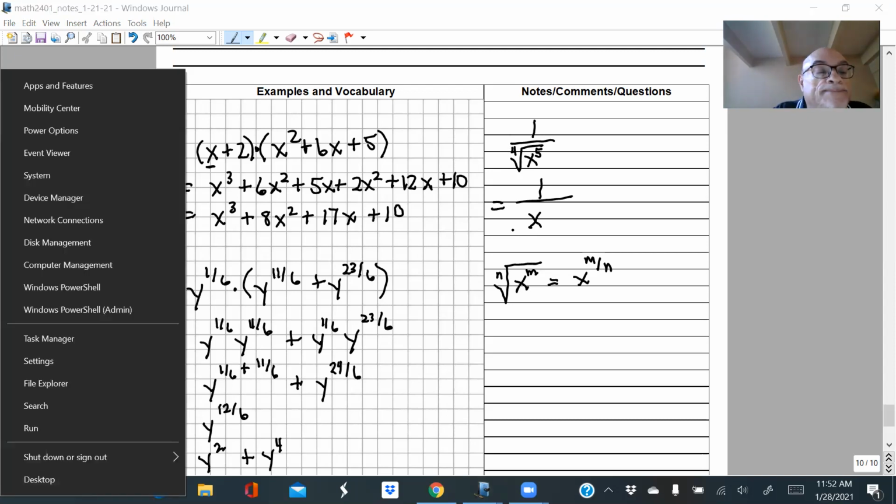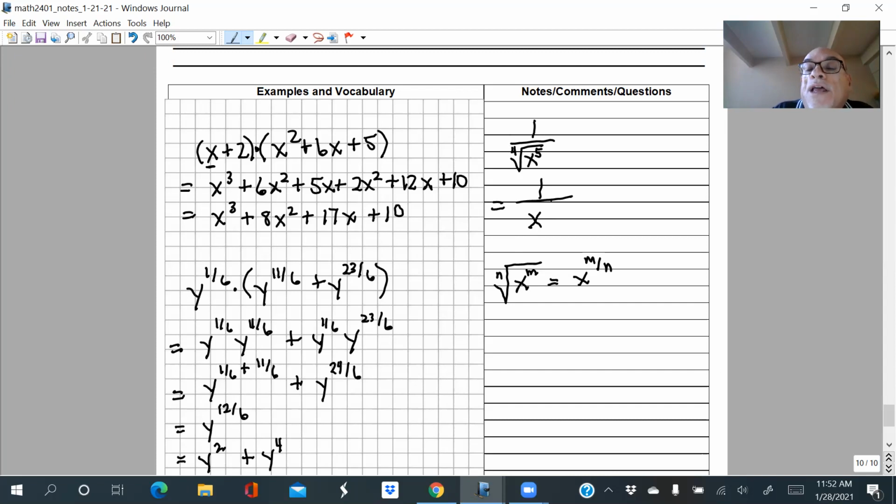The 4 becomes the denominator of the fractional exponent here, and the 5 stays as the top, the numerator of that fractional exponent.